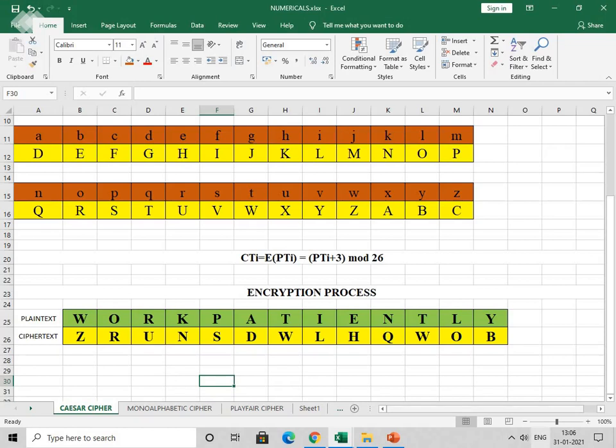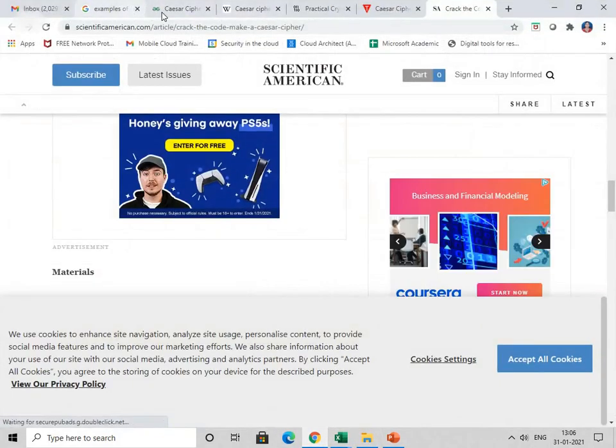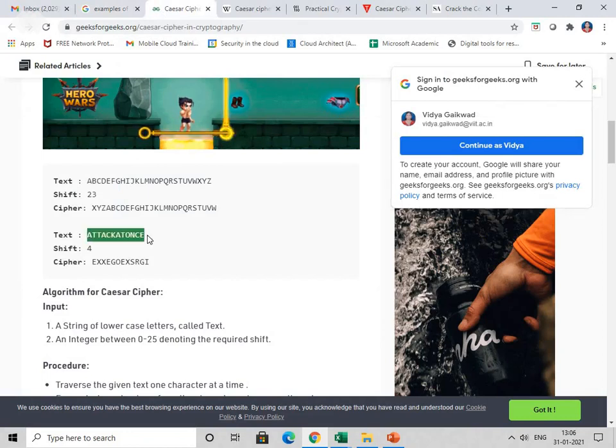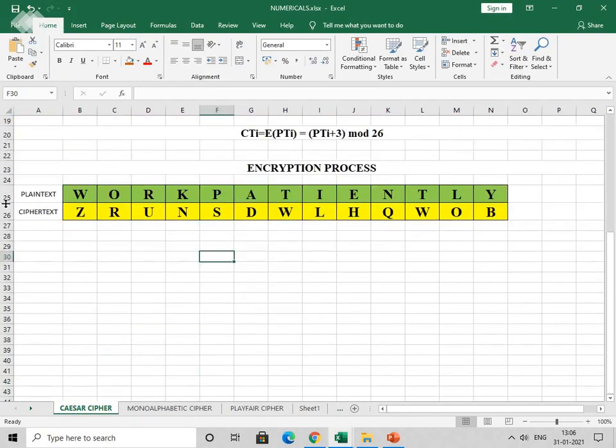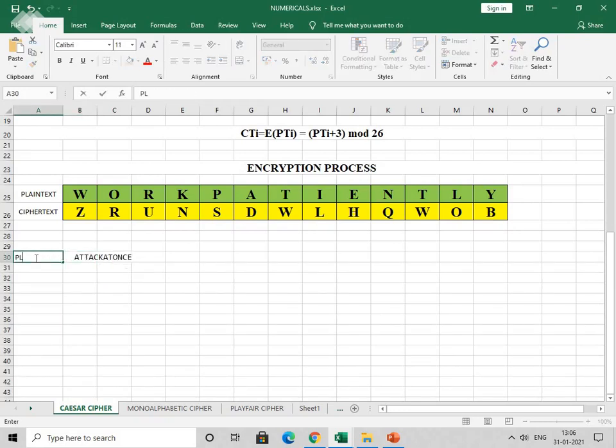Now the next example for this Caesar cipher. The plain text here is "attack once". I will write it in a single block.